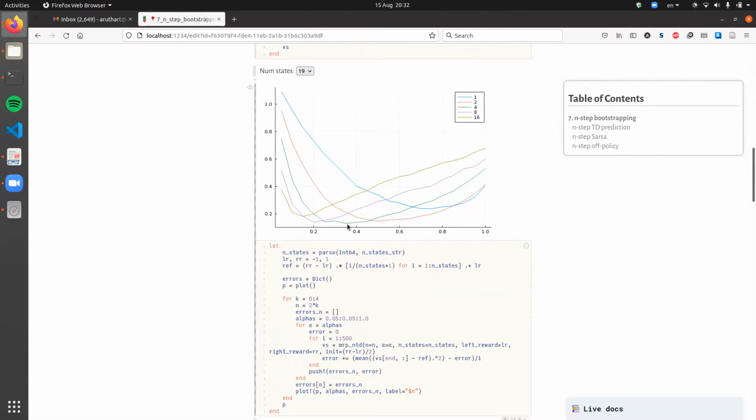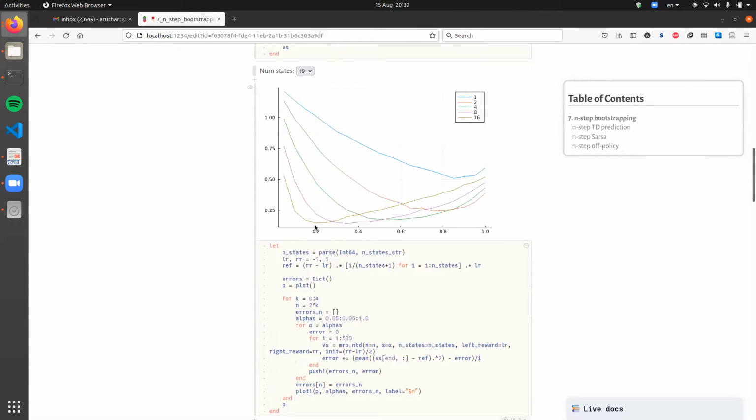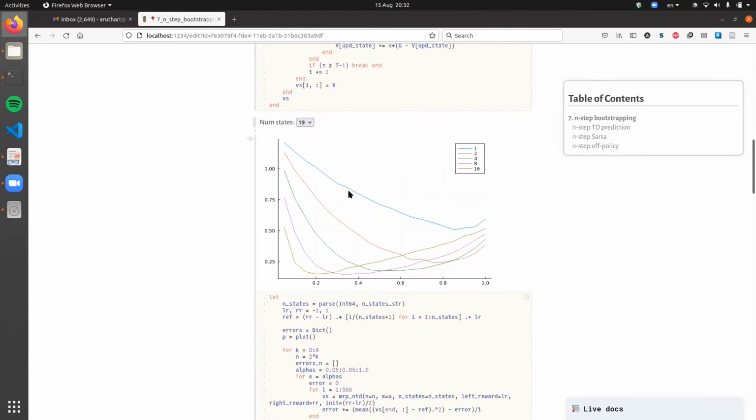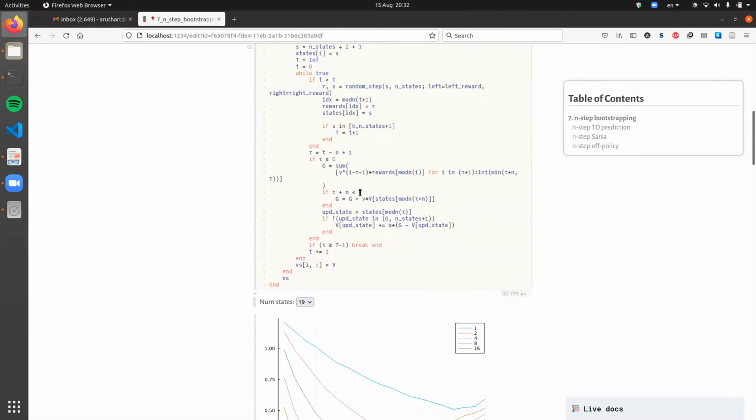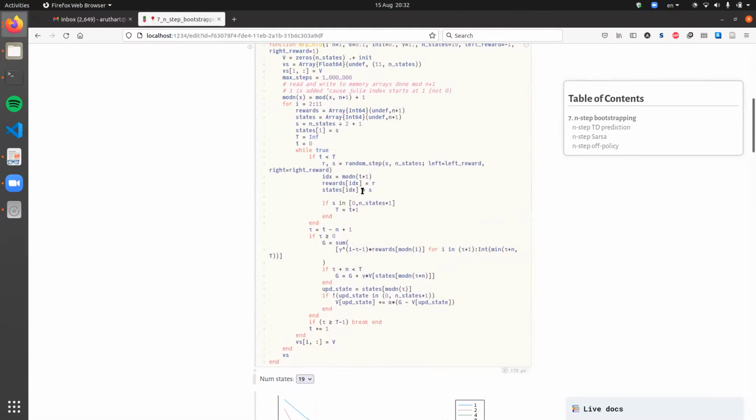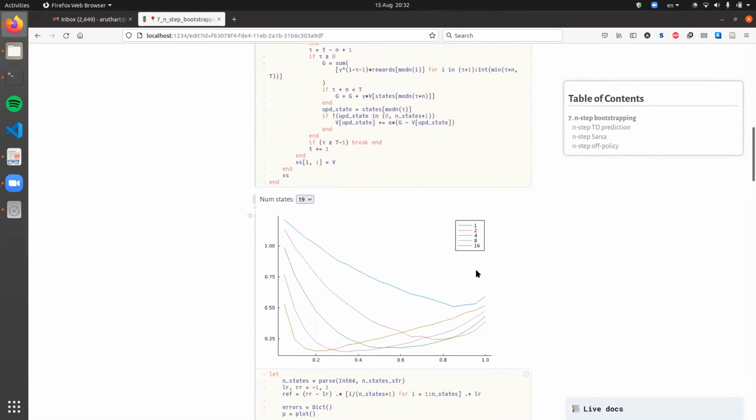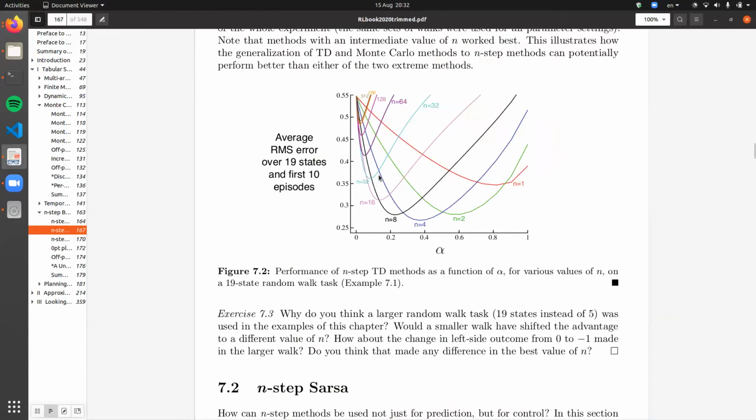So the best value I've observed here, as you can see, is 16. And yeah, it would take a bit longer if I add another value for n. I've cut off at 16 because in the book they show that 32 already performs significantly worse.